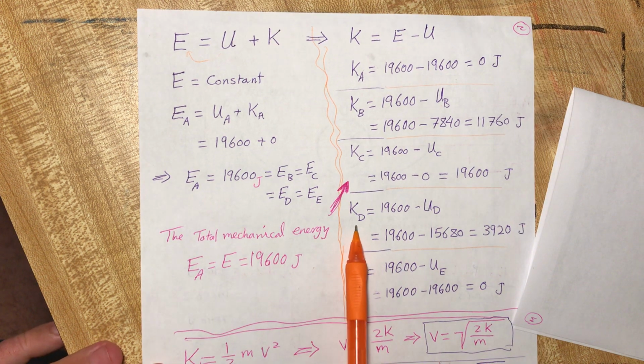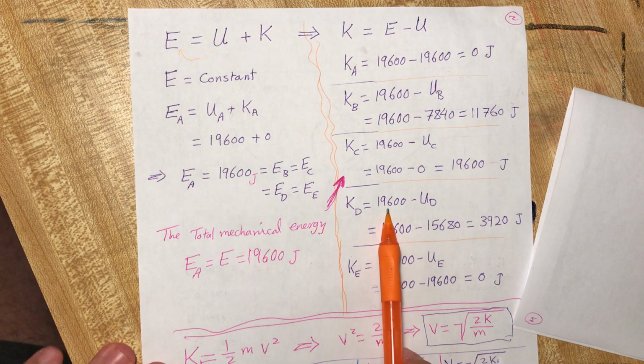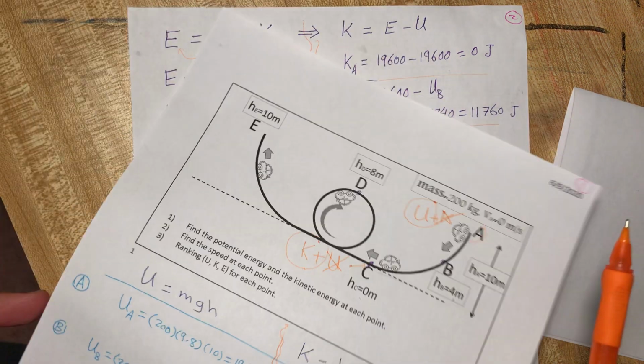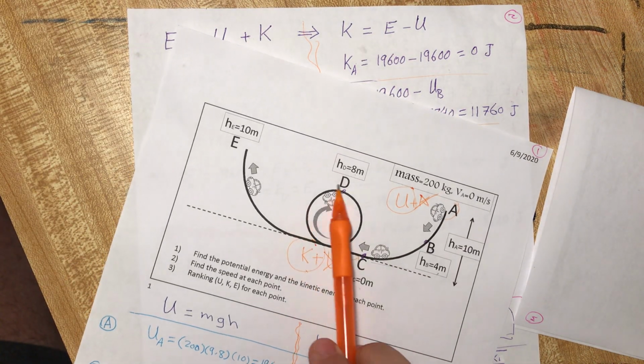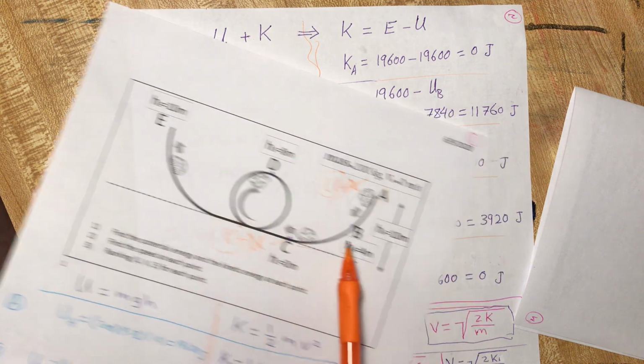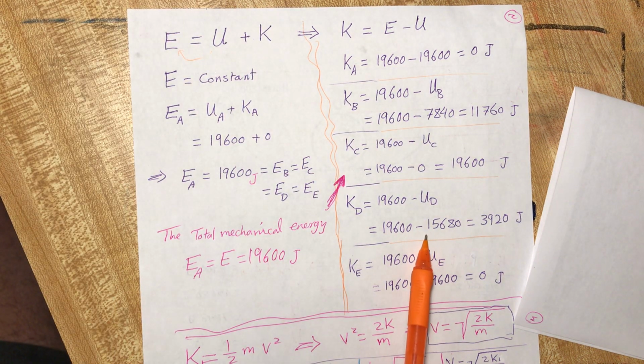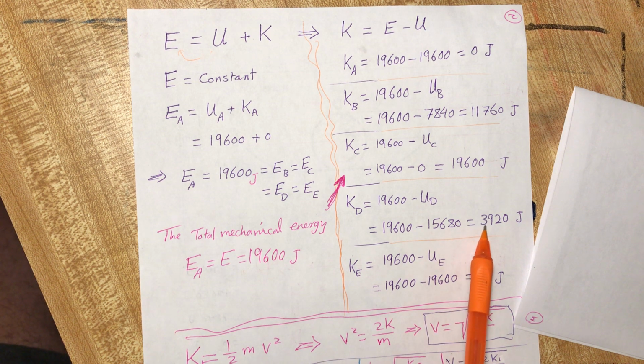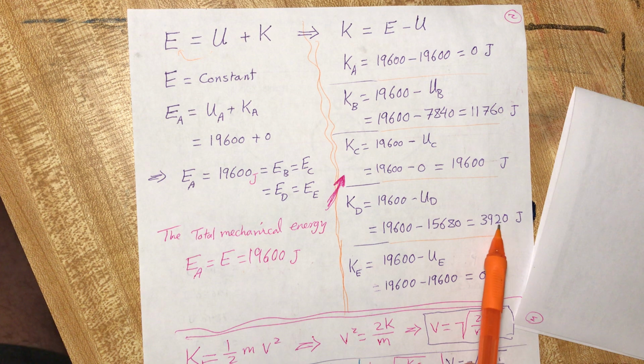At point D, the same thing. The total mechanical energy minus the potential at point D. The point D is the highest point in the circular track. The potential energy at that point is 15,680, and the kinetic energy will be 3,920 joules.